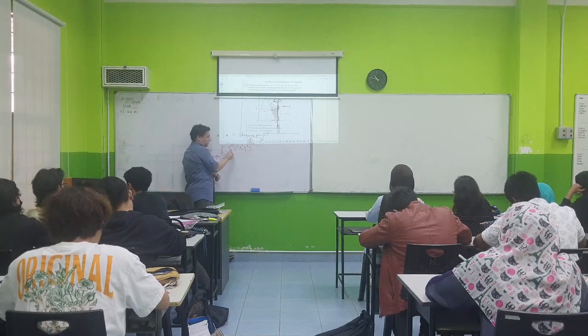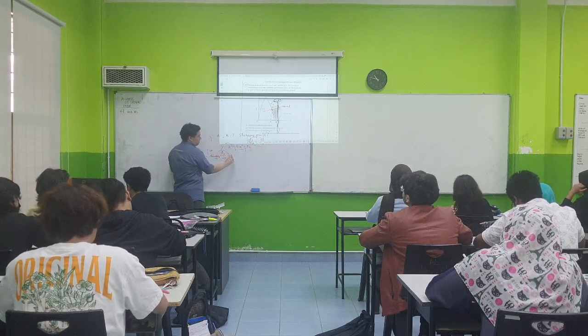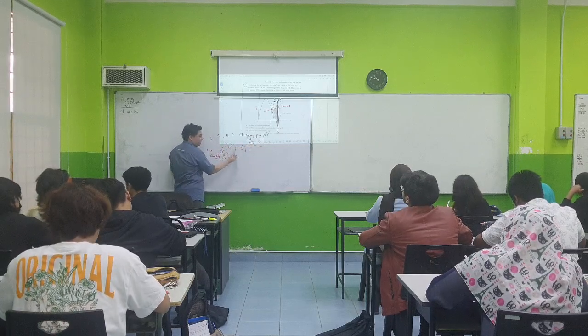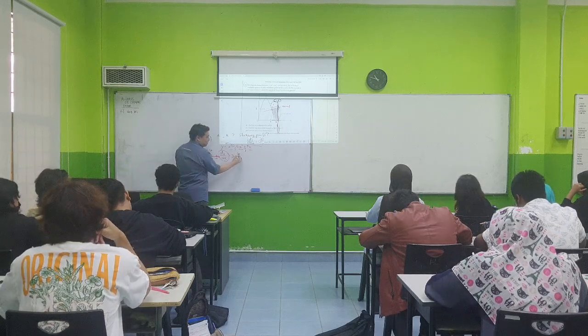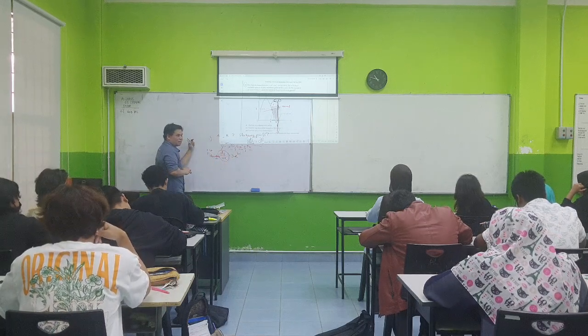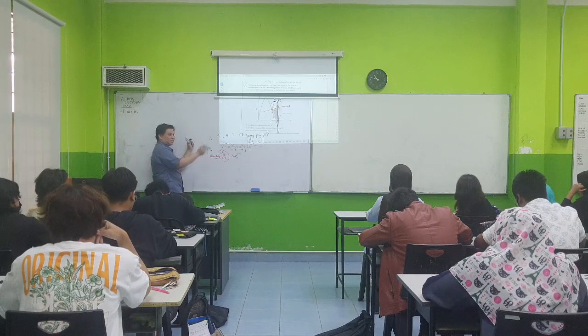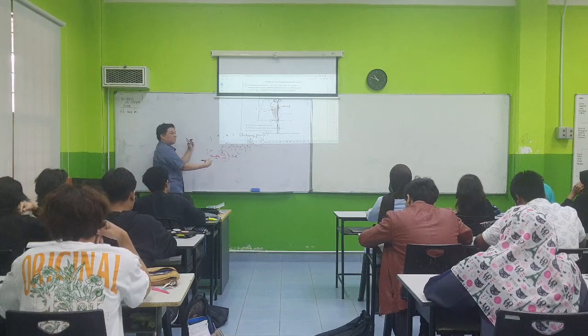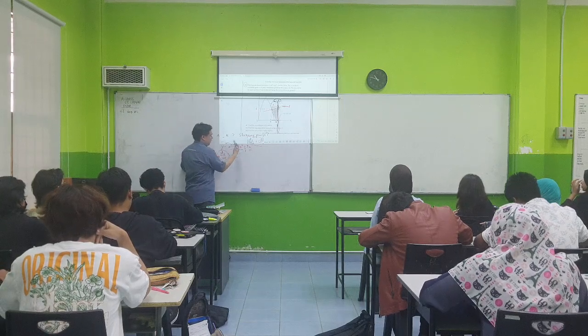So 1, 2, 3 terms. Each term you must differentiate. So bring forward the power, it becomes 3x, then the square power reduces by 1. Am I right? Simple step. This is differentiation, not integration. Integration is another thing. Before we learn integration, we learn differentiation first.